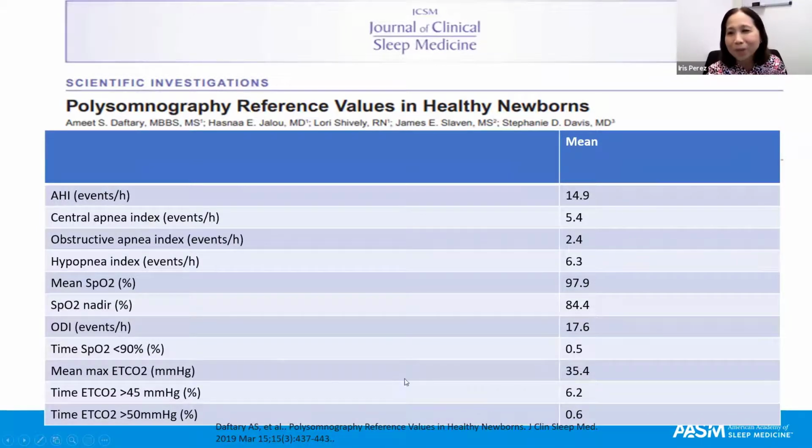Therefore, if we use the AASM definition of 25% of sleep time spent above 50, these infants will not meet the criteria for hypoventilation. But we have to put this in perspective in that infants breathe faster and may not be able to get that peak that we see in older children.